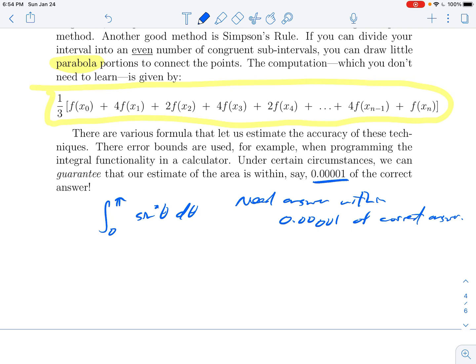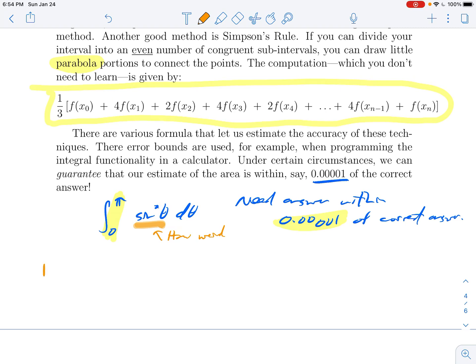There are some formulas that basically say, all right, if you tell me a little bit about how wide your interval is, and you tell me how accurate you want your answer, and there's a little bit that you sort of factor in how exotic is this function. Based upon that, the formula will basically spit out how many intervals you need.